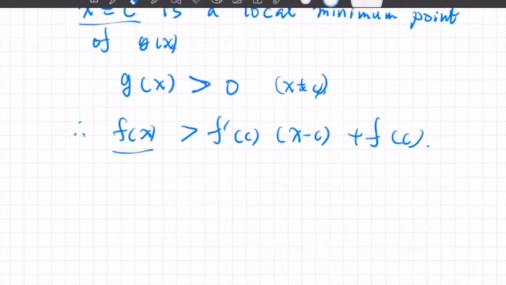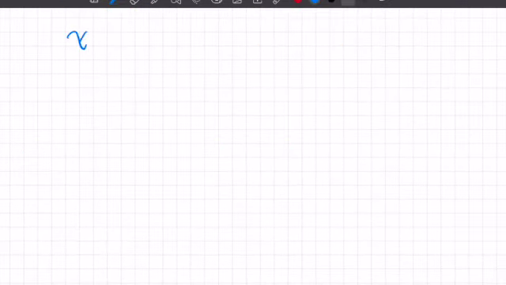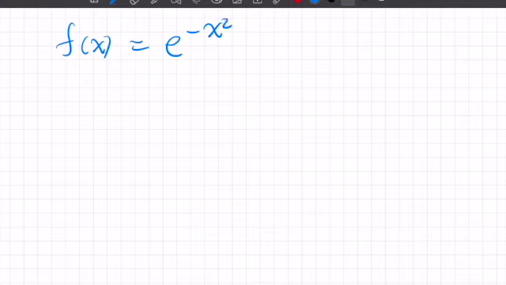Let's see one example. That is this function, exponential of negative x squared. If you plot this, it looks like this.